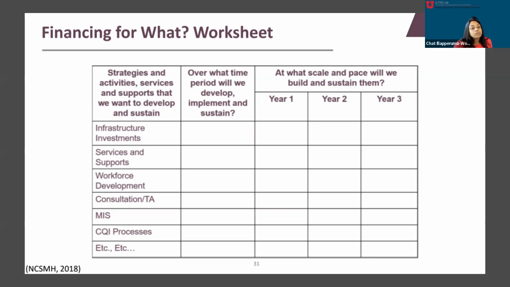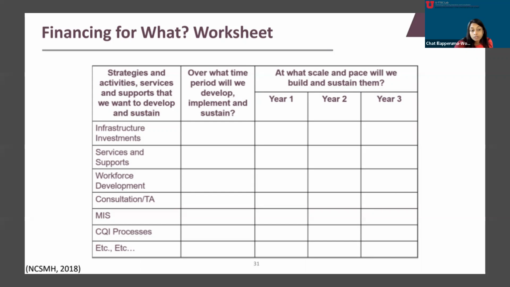And then moving on to the next row, at what scale and pace will we build and sustain? So you want to think about, how long do you want this for? So here it's year 1, year 2, year 3. And then for each year, you want to think about what is the scale and how big do we want to go and how fast do we want to go.